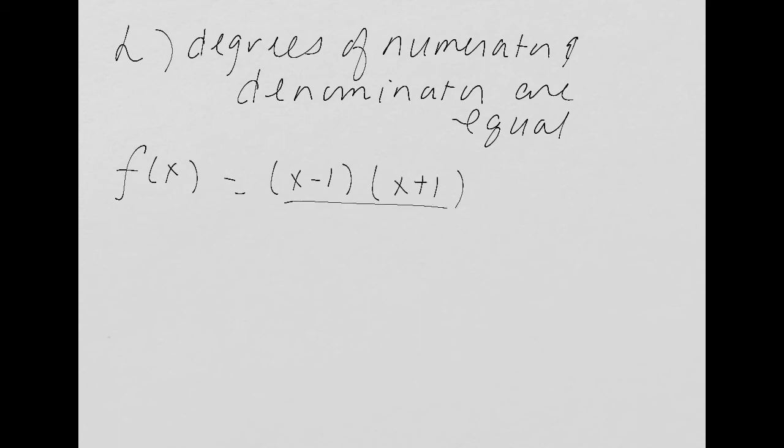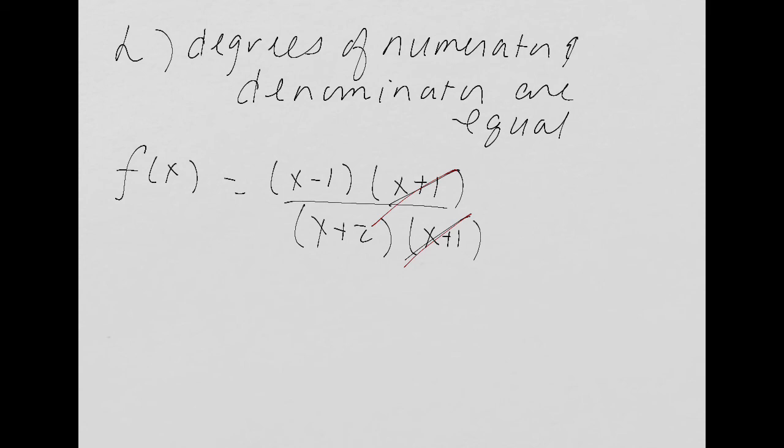We had this. Here, the degree of the numerator would be 2 because you have an x squared, and the denominator also is 2. But if we've gone ahead and canceled these terms, which were the same, okay, there's the red, the degree would be 1 and 1. But in either case, the degrees are the same.